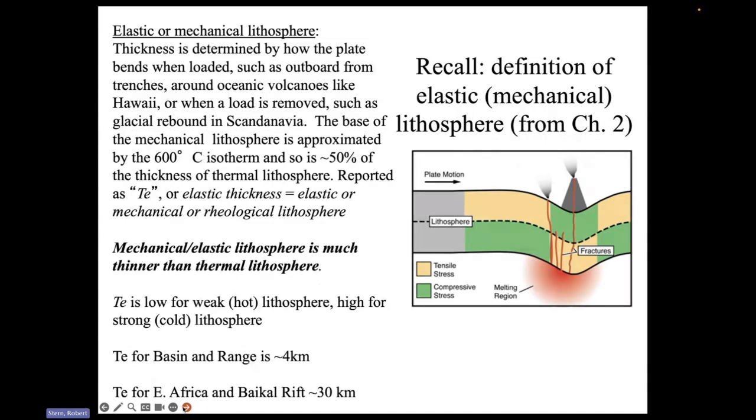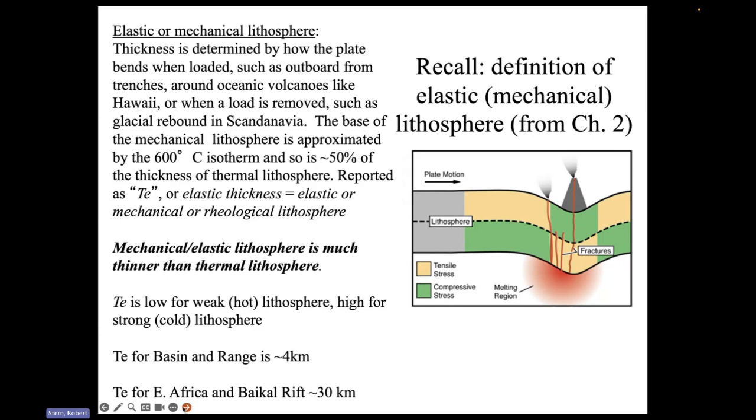All right, so I want to remind you about elastic or mechanical lithosphere, what we use to calculate this T sub E. The thickness of the elastic or mechanical lithosphere can be determined by how the plate bends when loaded, such as outboard from trenches, right? The plate is going down, so it has to bend.